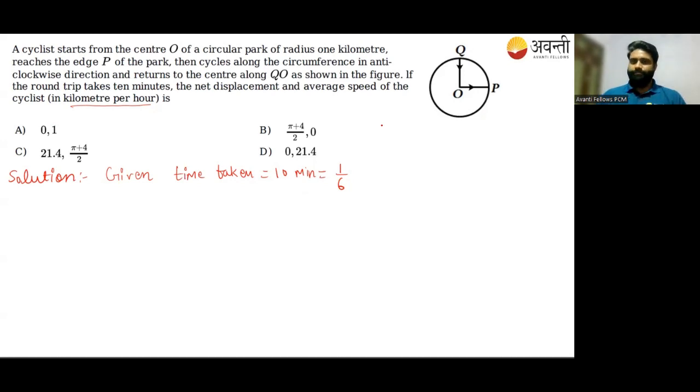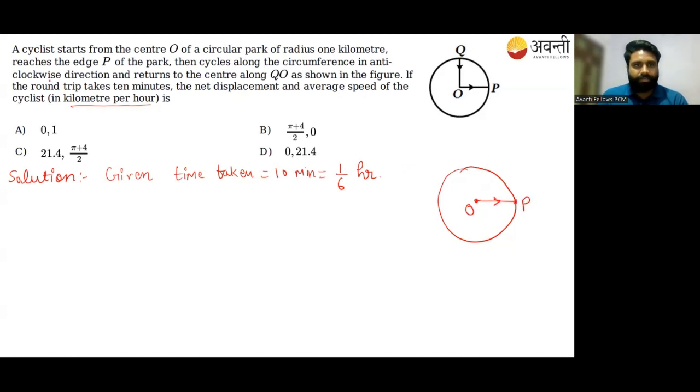Yeah. So it is 1 by 6. Got it? 1 by 6 hour. Now, if I draw the path of the cyclist, this is point O here. It moves along this OP line.